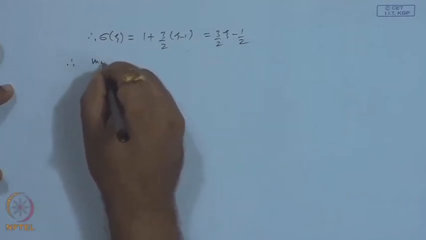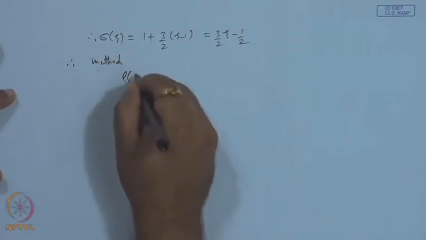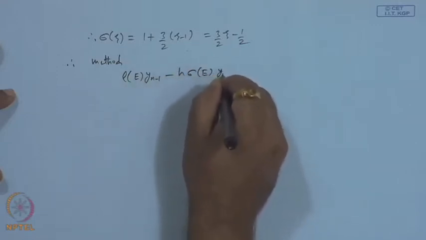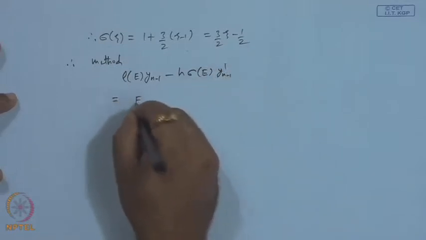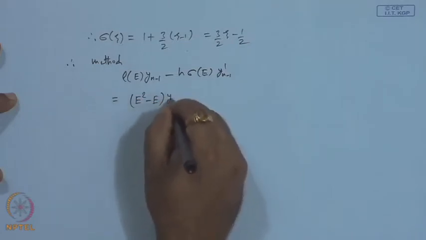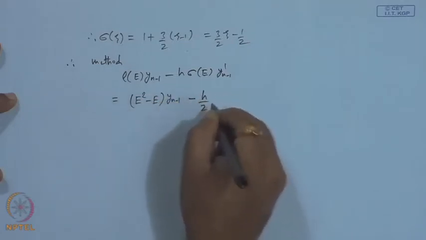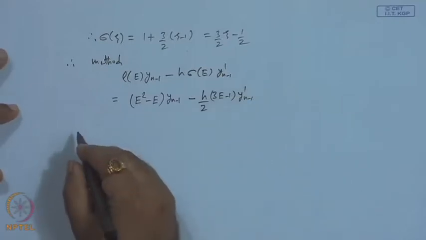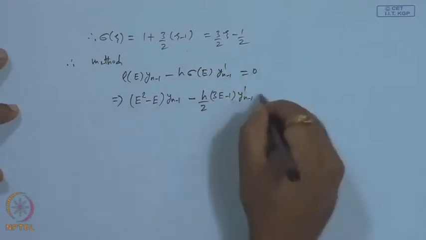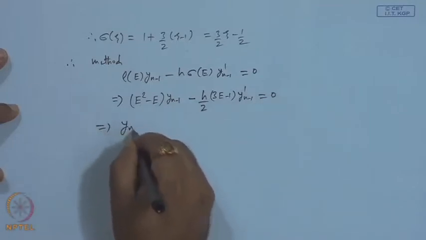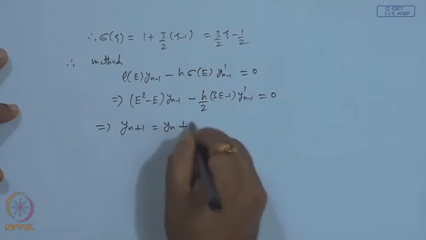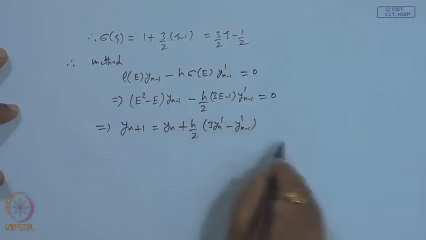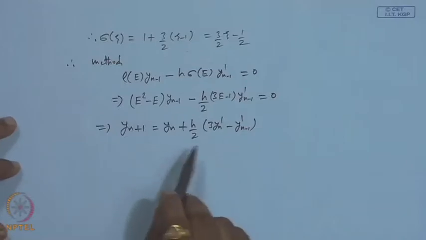So, therefore, the method is... so this is an explicit method which is of second order.